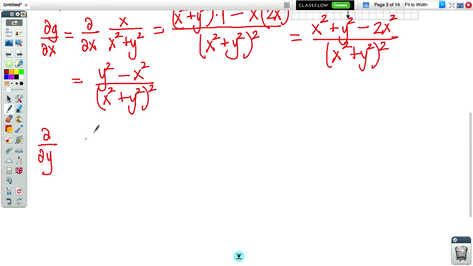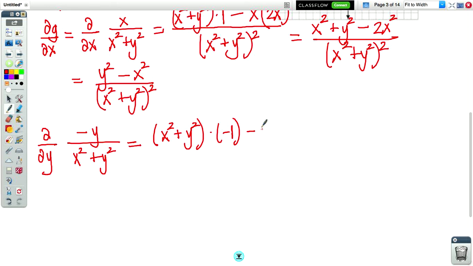differentiate with respect to y of the first function, which I think was, yeah, negative y over x squared plus y squared. So again, just the quotient rule. So lo d hi minus hi d lo, which is 2y now, all over lo lo.